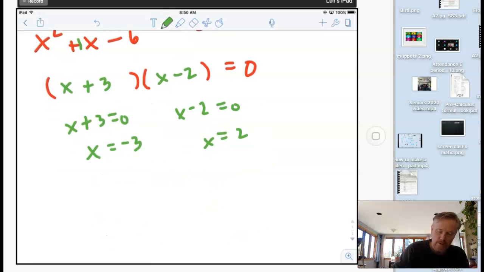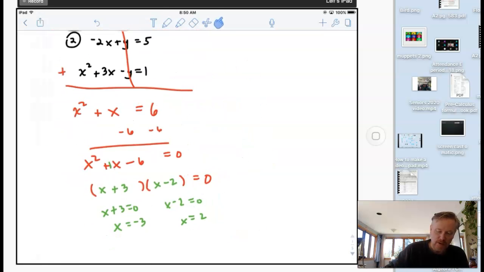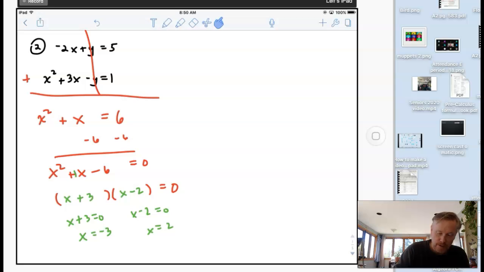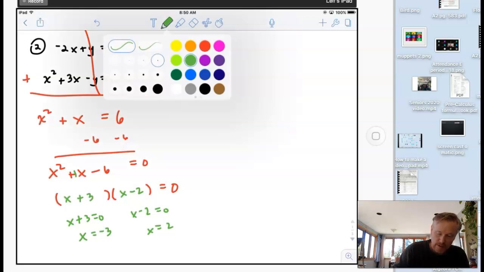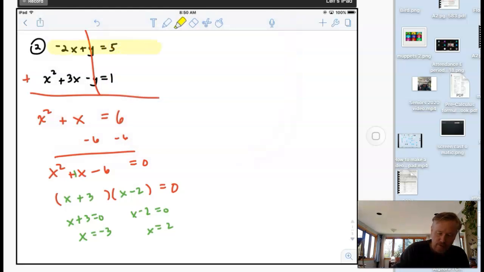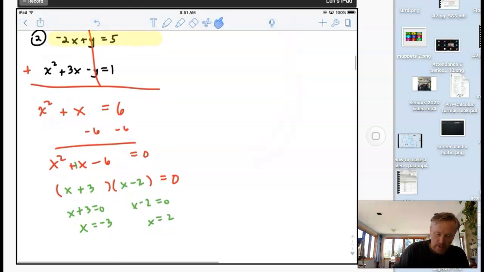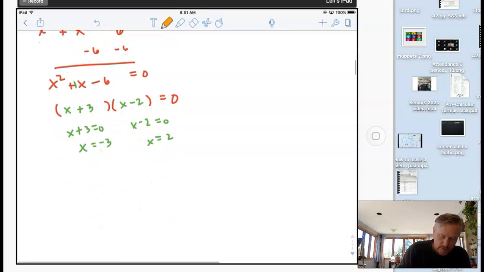You're going to take the easier of the two equations here. Don't kill yourself with the x squared equation. I'm going to take the linear one, -2x plus y equals 5.